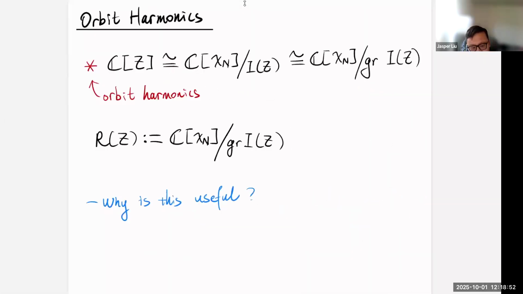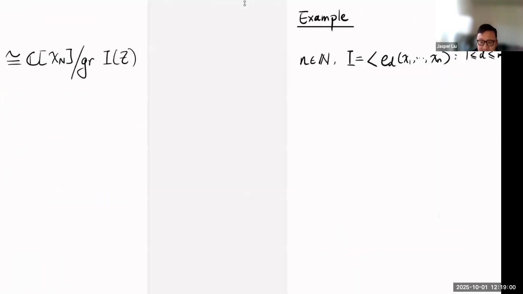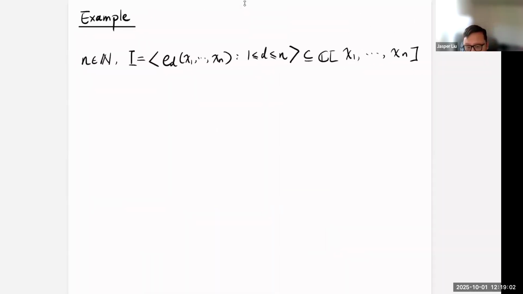So another question you may want to ask is why is this entire thing useful? We will see a classical example in coinvariant theory and see how orbit harmonics will give us some results that may otherwise require more proofs.